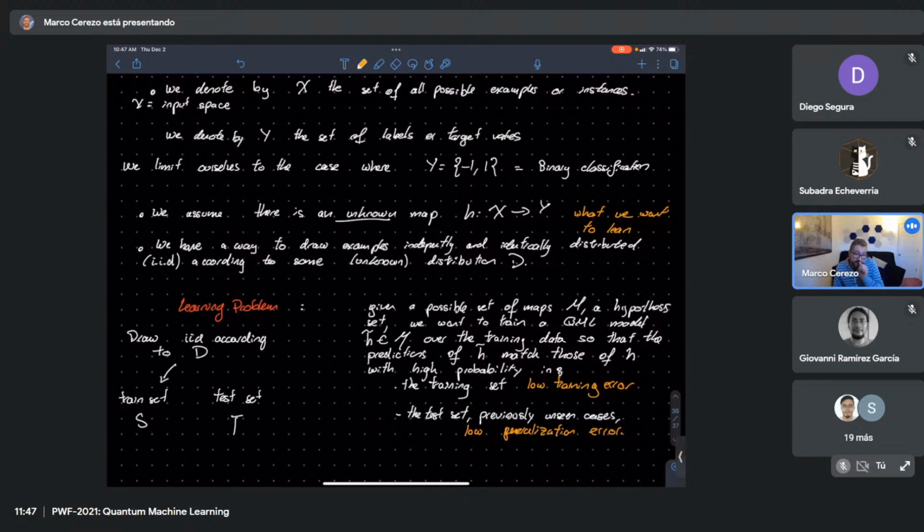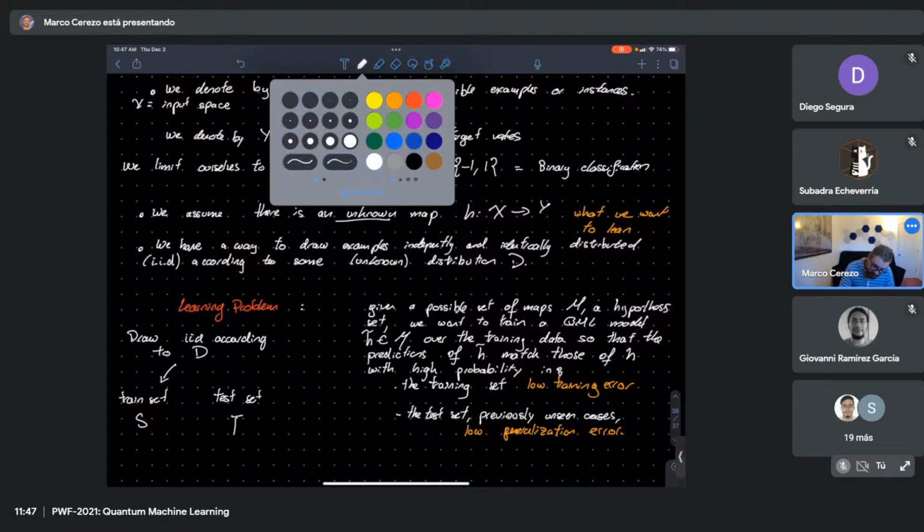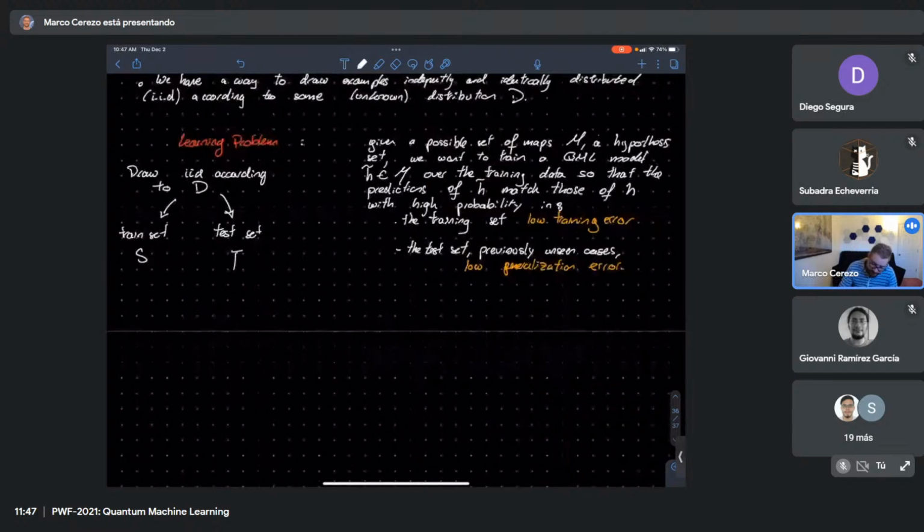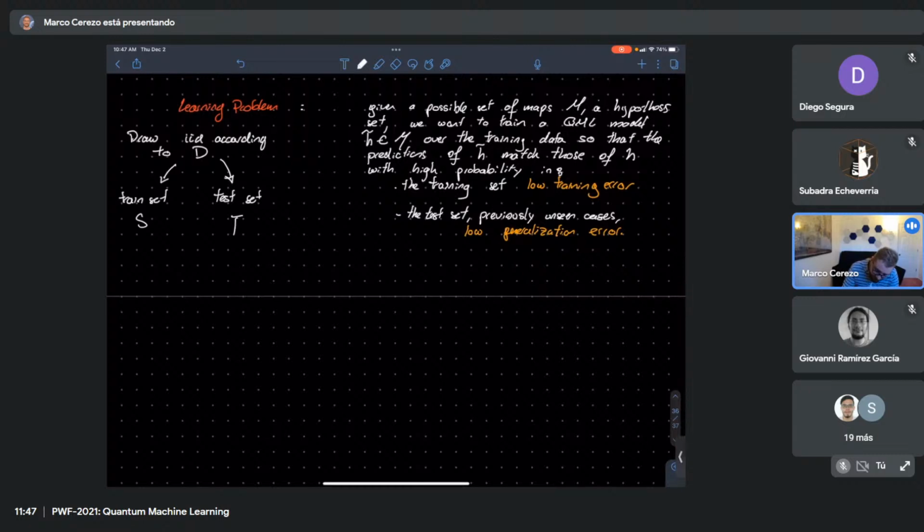And it's actually quite easy to create an algorithm for machine learning that has zero training error, but generalizes very poorly. Low training error does not mean low generalization. For instance, you can think about a trivial case where we have a model that memorizes the whole training data set.